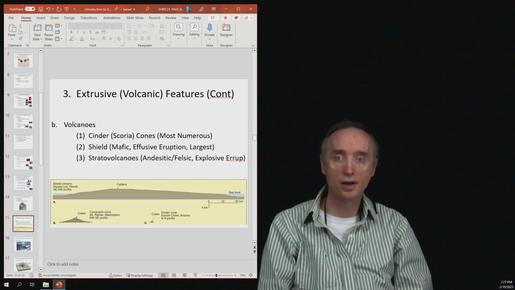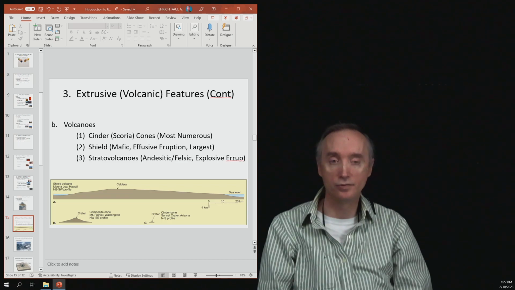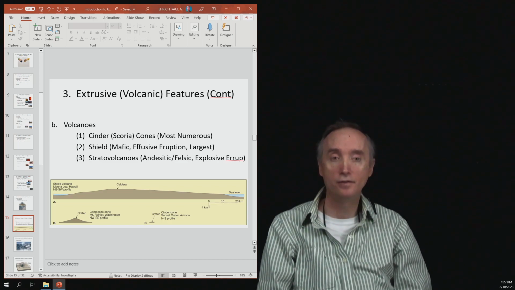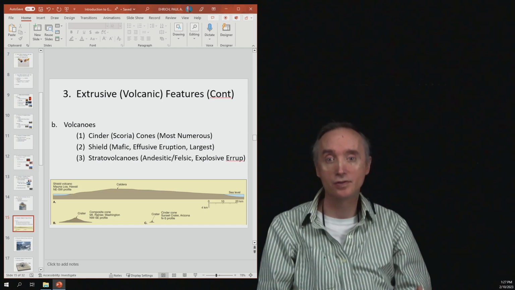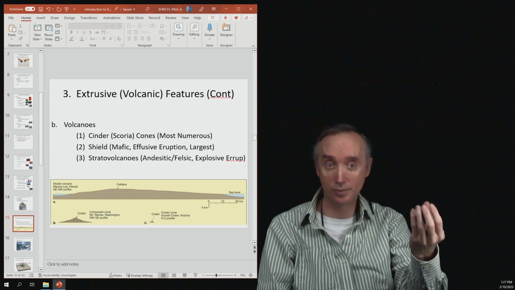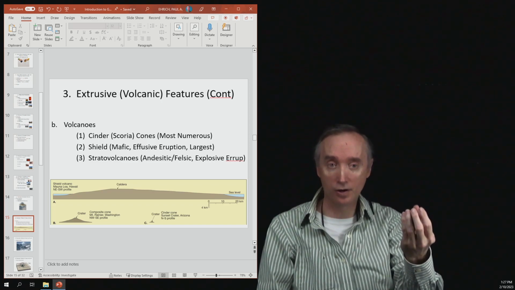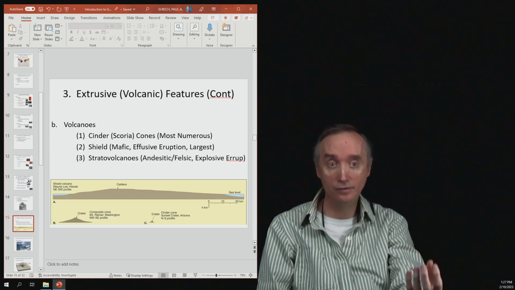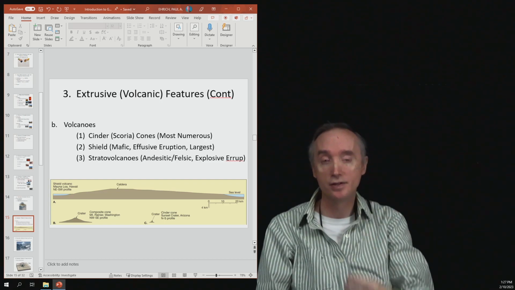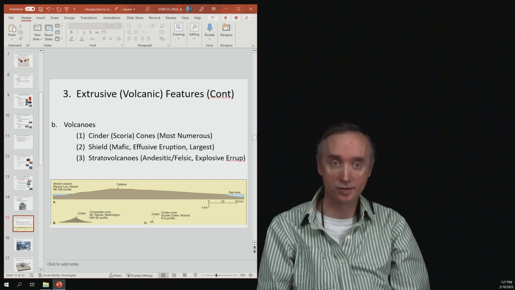Now you can also have shield volcanoes on continents. So if the magma makes its way up to the surface and does not change its composition, so if you recall, it starts out being mafic when it's in the asthenosphere, and then as it comes to the surface, sometimes it becomes more felsic.